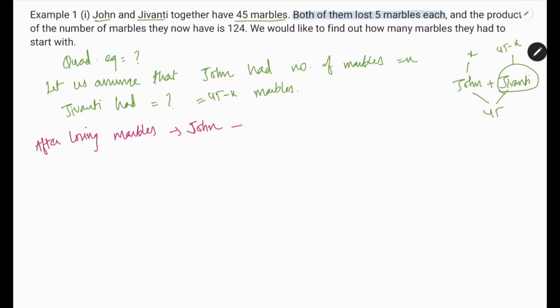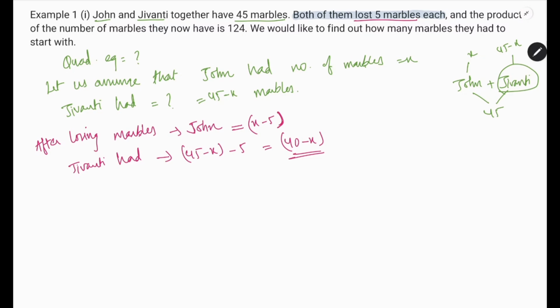So John lost 5 marbles, so John had x minus 5 marbles after losing. And how many did Jivanti have? Jivanti also lost 5 marbles, so 45 minus x minus 5, that is 40 minus x. So Jivanti had this many marbles.